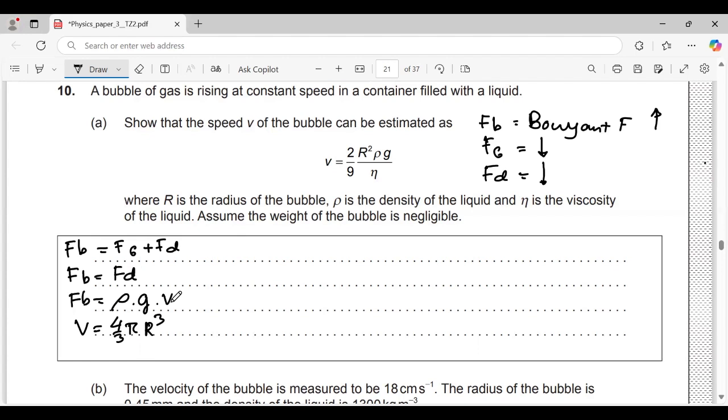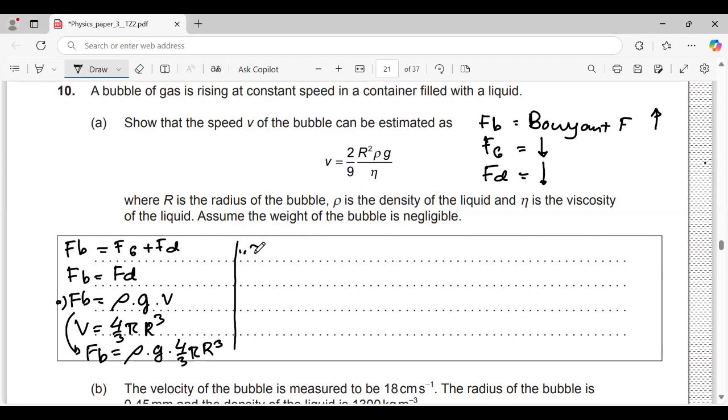We can substitute into this formula. So buoyant force becomes rho times g times 4/3 pi r cubed. That is for buoyant force.